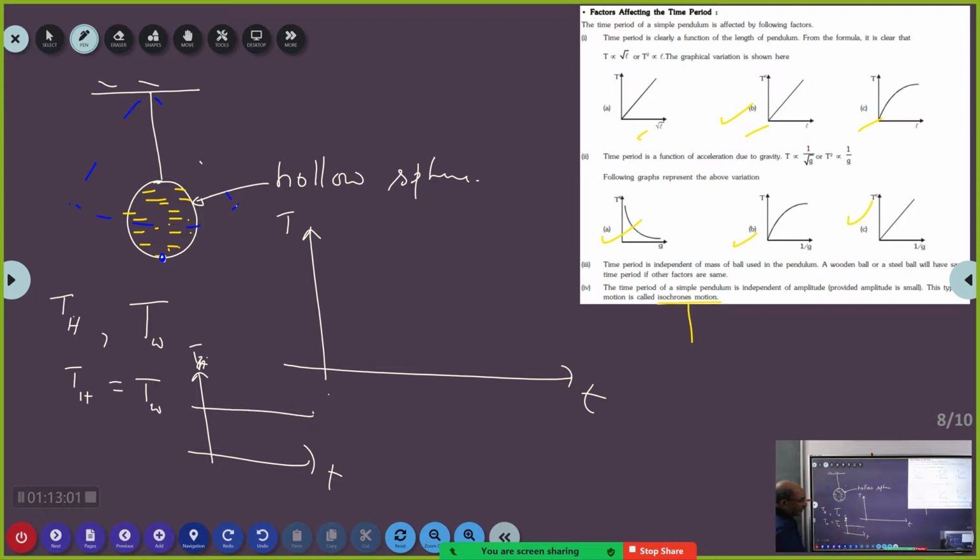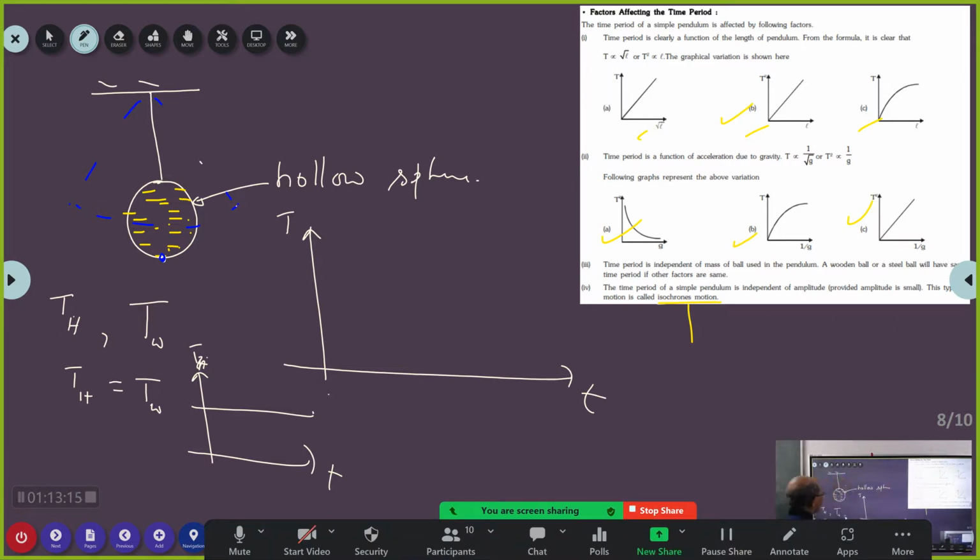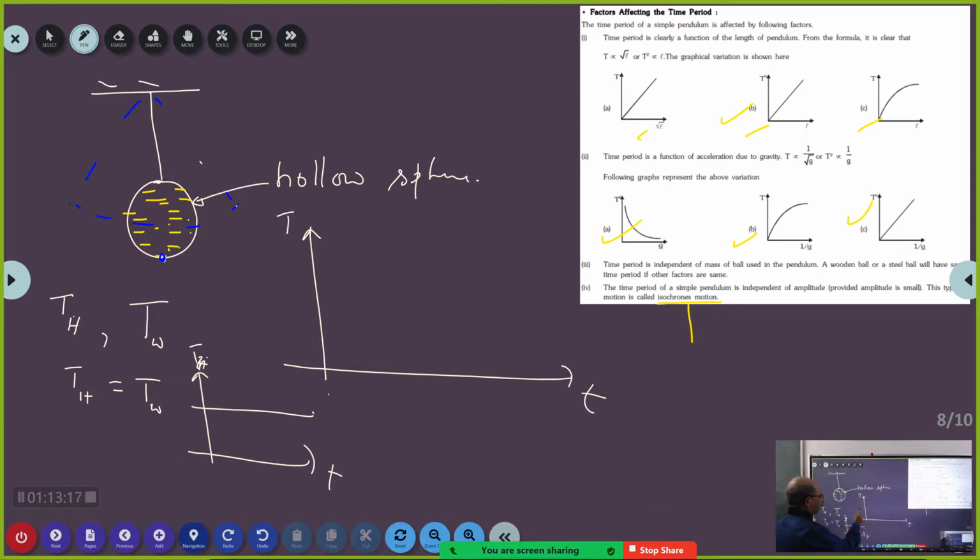Straight line. Right? For this, what is the graph of the time period versus time? Some time T equal to 0, sir. There will be some value at T equal to 0. Okay, you are right.